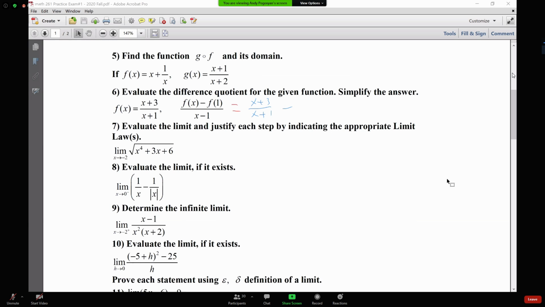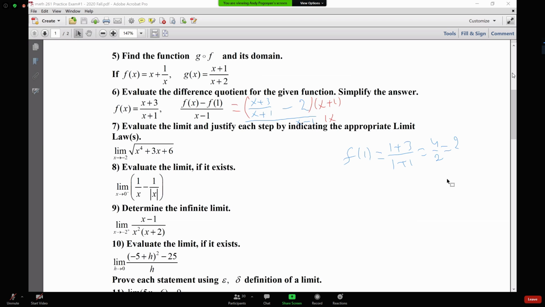We can evaluate f of 1 equals 1 plus 3 over 1 plus 1. 4 over 2 is just 2, minus 2, divided by x minus 1. Now multiply top and bottom by x plus 1.